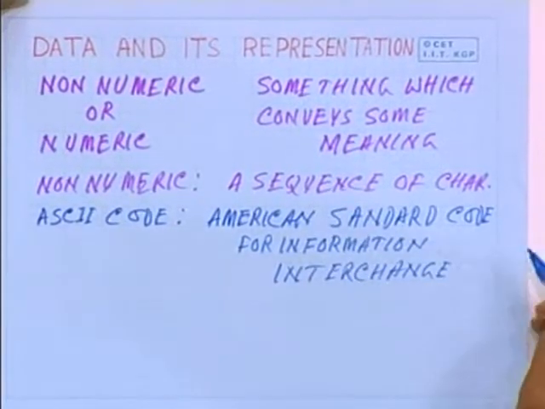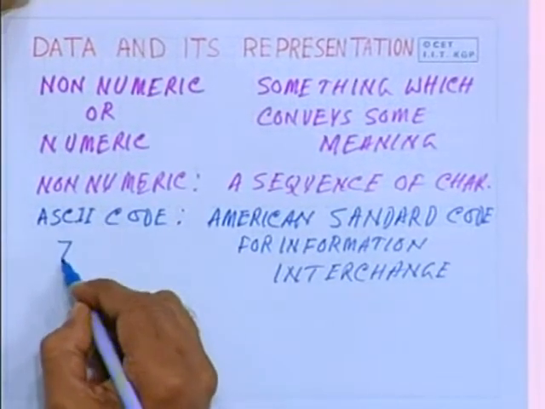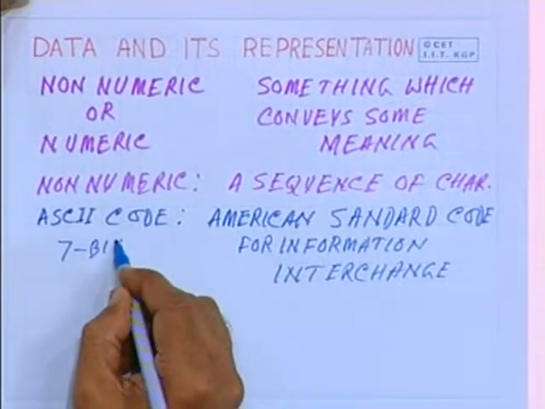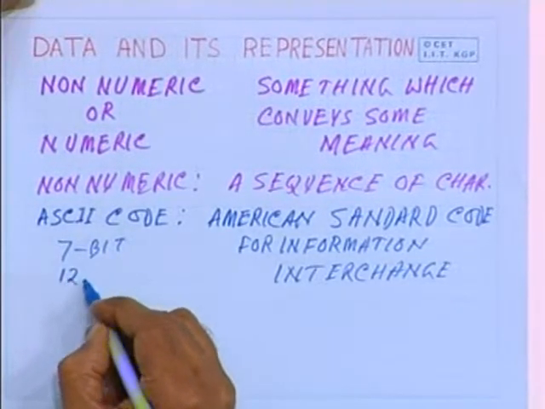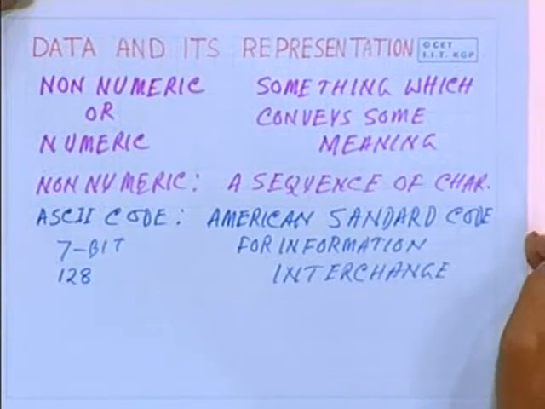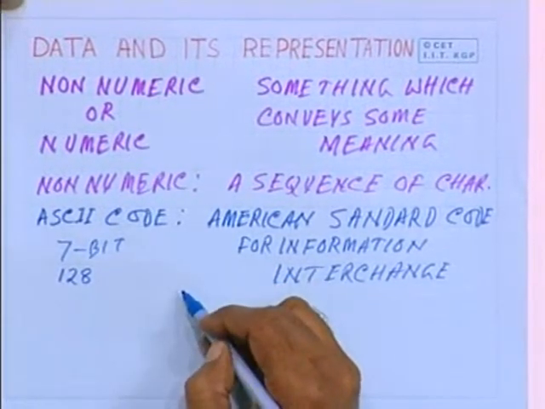And the ASCII characters are 7-bit in length. All the alphabets A to Z, lowercase, uppercase, all the numbers 0 to 9, the other printable and some non-printable characters are also represented by ASCII code, because you can represent 128 different characters using ASCII code.